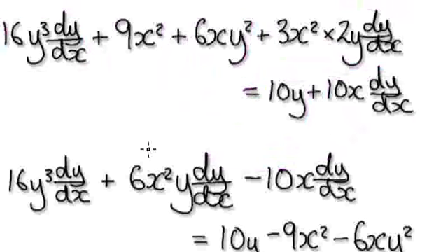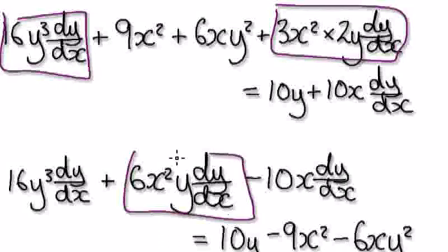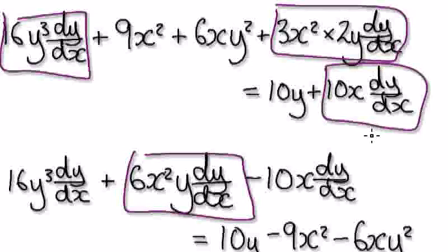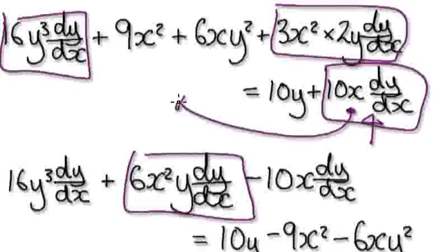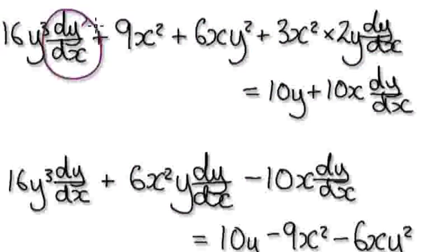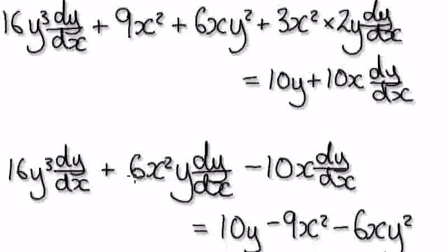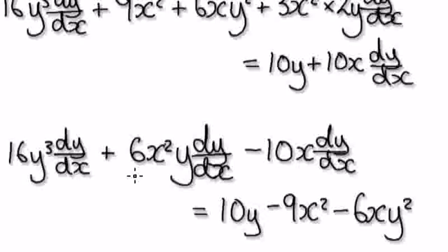This side stays the same. By the way, tidy this up and that will give you this. In your mind, you're moving this across to this side, this one moves across to the other side, and this one moves across to the other side. Basically, you just want to group all the dy by dx terms on one side. So now you've got this here.